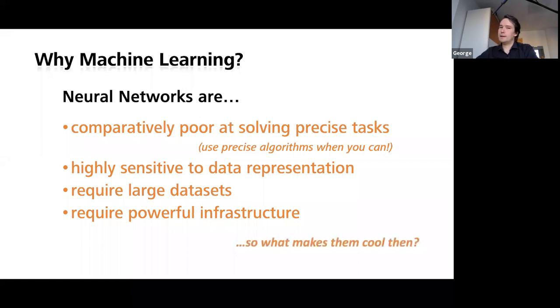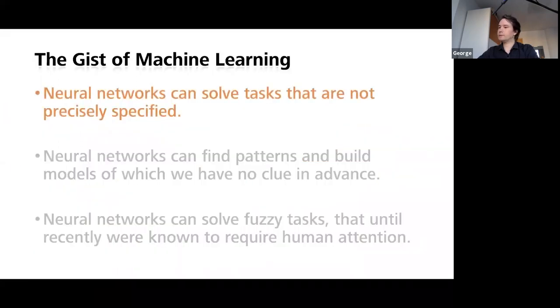So what makes neural networks cool? What makes them worth our attention? First of all, neural networks can solve tasks that are not precisely specified. We know we have this input and this output, but we don't really know all the details why.